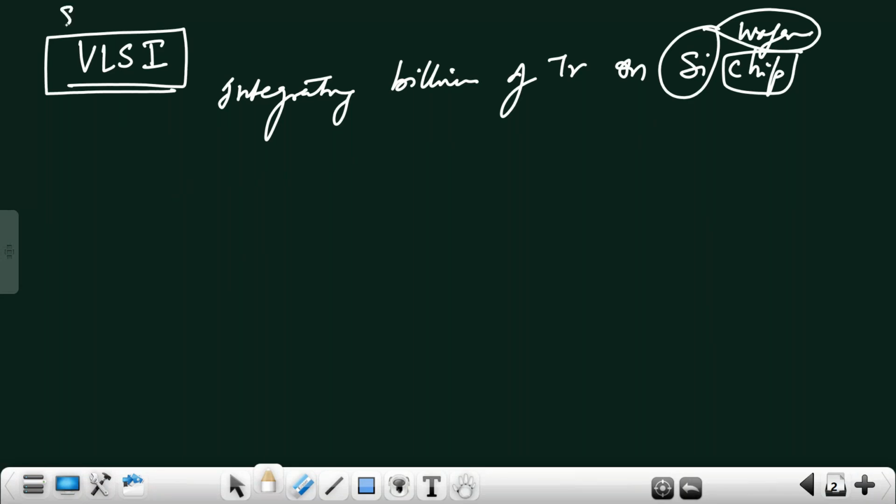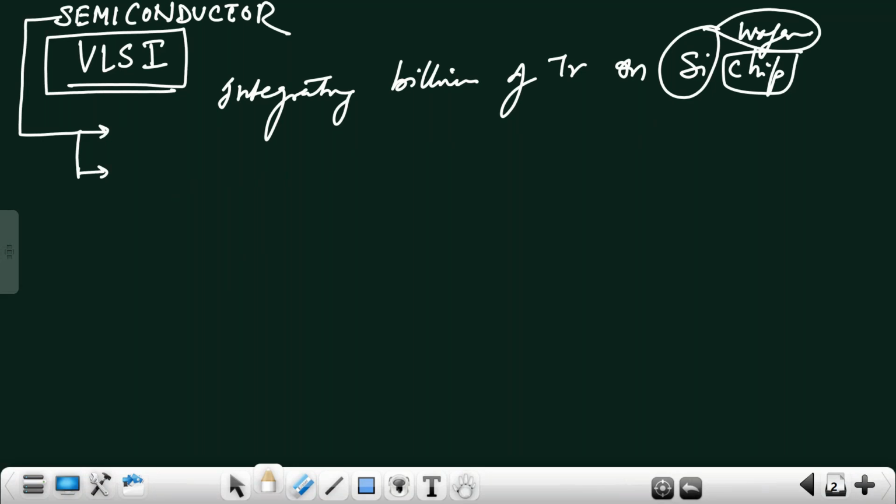So VLSI design is part of the semiconductor industry. What is a semiconductor? How many types of semiconductor are there? See, these are very basic things.